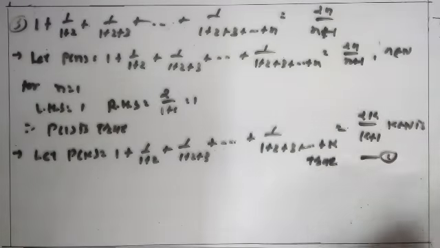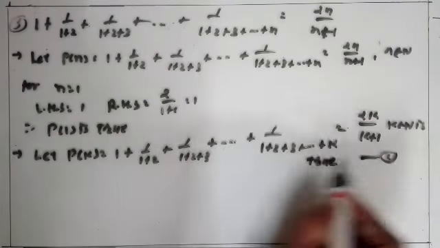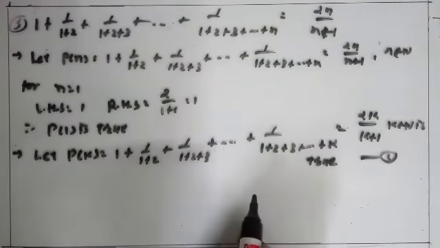Take this as result number 1. Now using this result, first we prove Pn is true for n is equal to k plus 1.